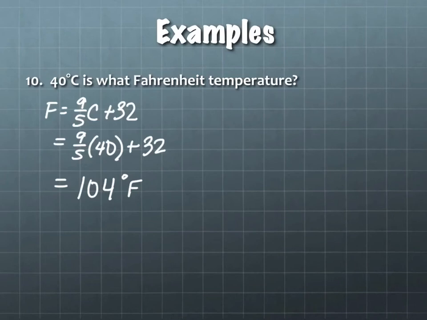If we feel awful, we just know we need to go to the doctor. We don't really care what the temperature is. But if our kid is not feeling well, these are important numbers to know. A temperature above 104 is an emergency situation, so that's why it matters. So if you were working in a situation where Celsius was more commonly used, maybe you are teaching overseas and the thermometer says 40, you know that's an important number for you. 40 degrees Celsius for a child's temperature is a problem.